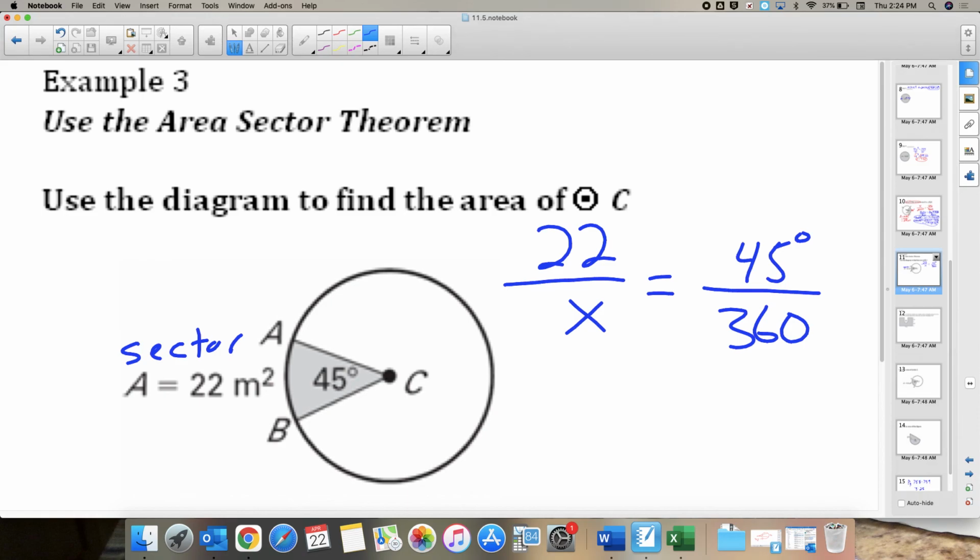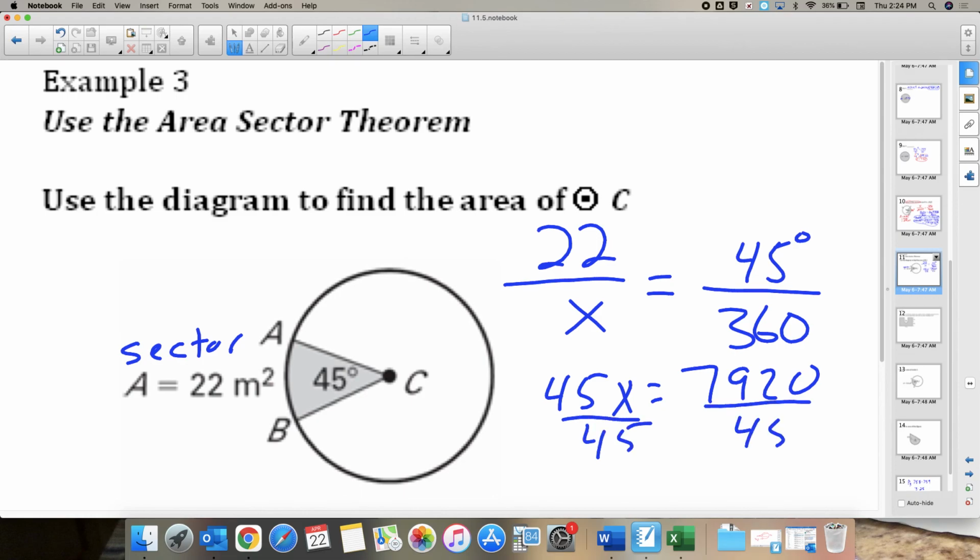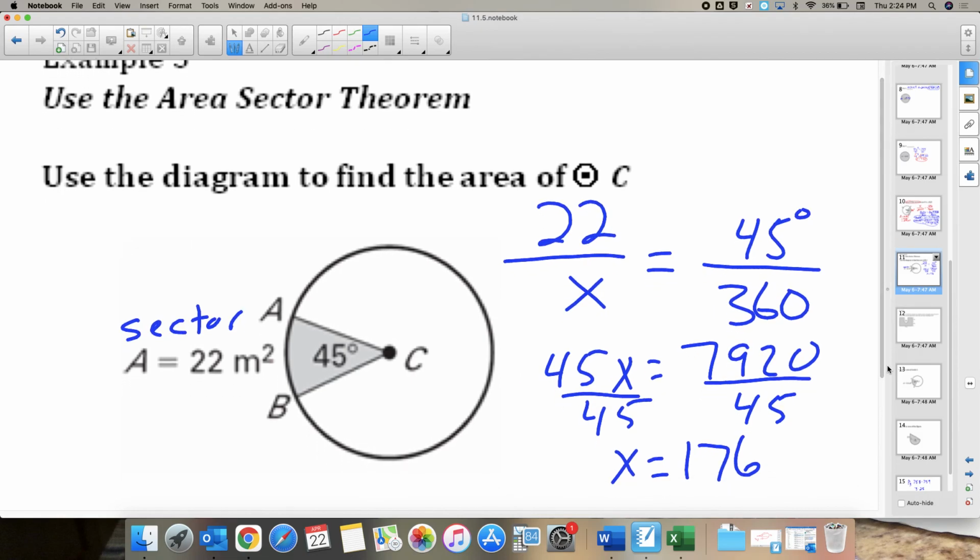Now we don't know the area of the circle, but we know the area of the sector. So cross multiply, 45 times x is 45x. 22 times 360 gives me 7,920. Divide both sides by 45. We get x to equal 176. And in this case, we're looking at meters squared.